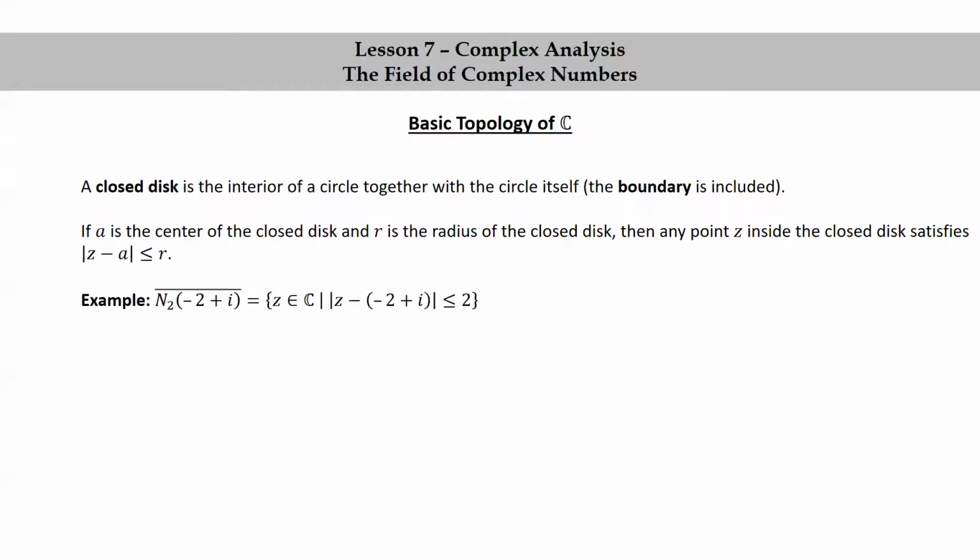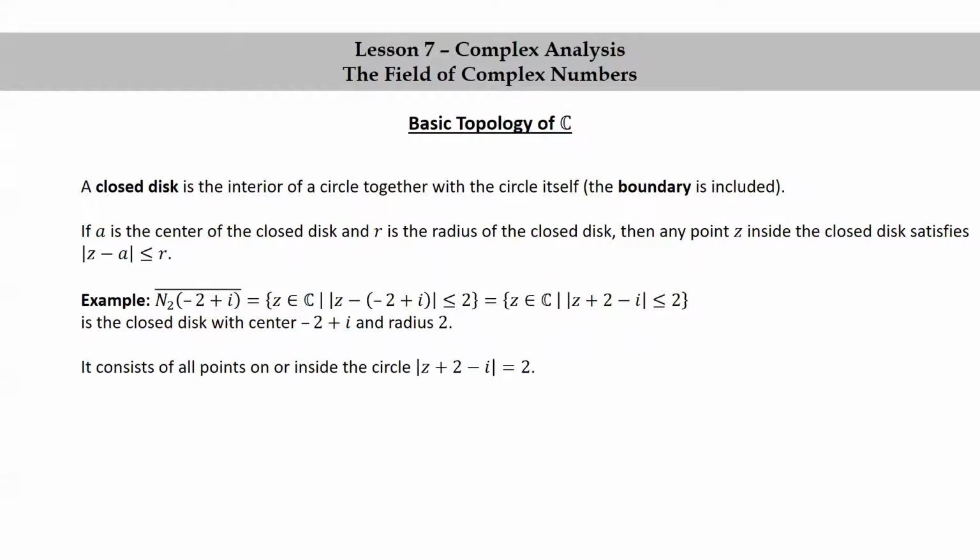This is the set of complex numbers z such that the absolute value of z minus negative 2 plus i is less than or equal to 2, or equivalently, the set of complex numbers z such that the absolute value of z plus 2 minus i is less than or equal to 2. This is the closed disk with center negative 2 plus i and radius 2. It consists of all points on or inside the circle, absolute value of z plus 2 minus i equals 2.